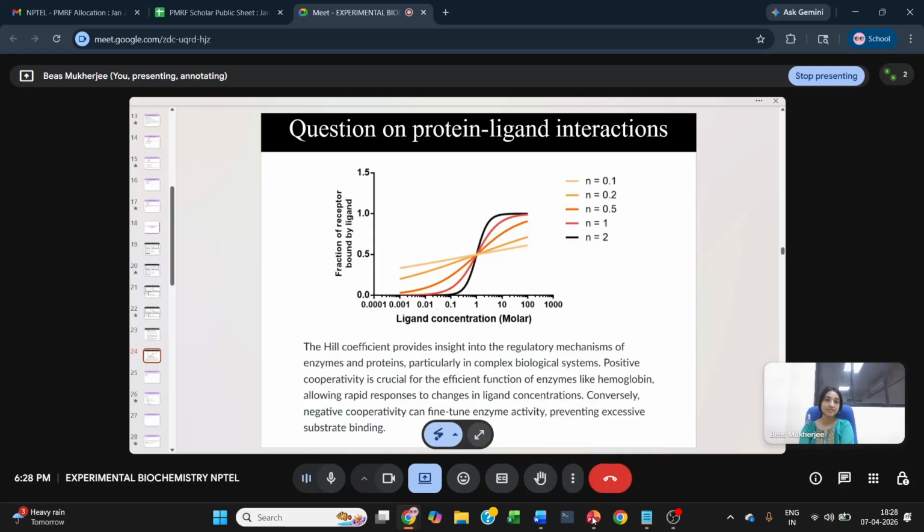You see that initially it is just flat, but as you keep on increasing n, it becomes more and more S-shaped. Right? So the Hill coefficient provides insights into the regulatory mechanisms of enzymes and proteins, particularly in complex biological systems. Positive cooperativity is crucial for the efficient function of enzymes like hemoglobin, allowing rapid responses to changes in ligand concentrations. Conversely, negative cooperativity can fine-tune enzyme activity, preventing excessive substrate binding.